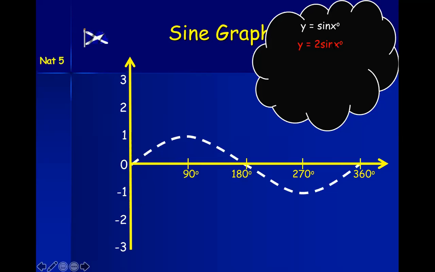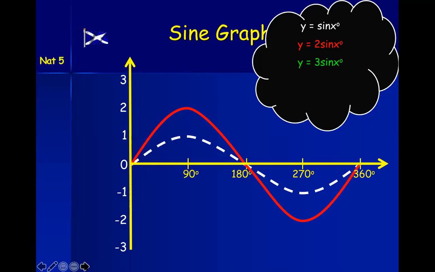We've not touched anything within the angles, so the only changing factor is that number, and your graph just got a bit bigger. The amplitude went from 1 to 2. The maximum is at the same place we had for just sine x, which is at 90 degrees.